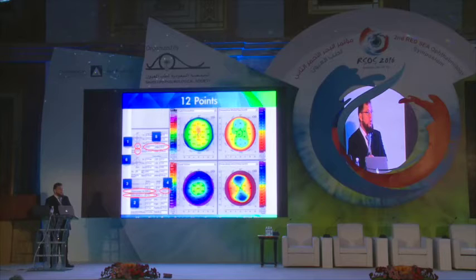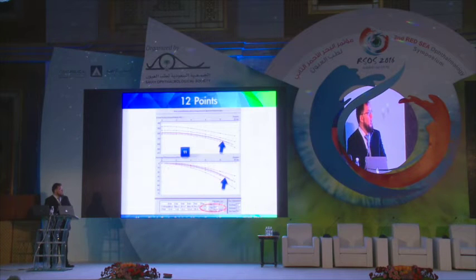Q value describes the asphericity of the cornea. And then I have to study each map. The first one is the anterior curvature map, then the anterior elevation map, posterior elevation map, pachymetry map, and then I go to the profile, thickness profile.